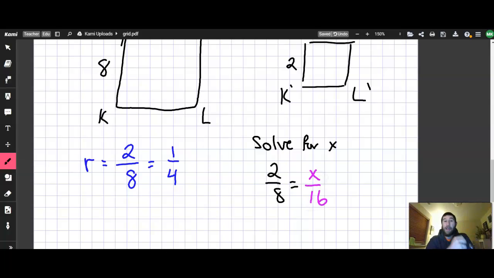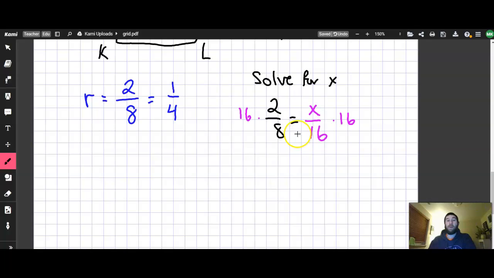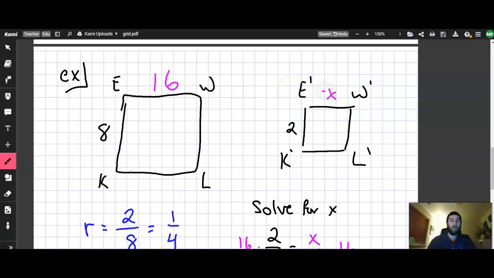And now, like we did last week, we can solve for X. In this case, we just need to multiply by 16 on both sides. So multiply by 16, multiply by 16, and you can perform some calculator geniusry and multiply 16 by 2 and divide by 8. Regardless of how you do those calculations, you end up with X equal to 4, which is the length of our missing side here.